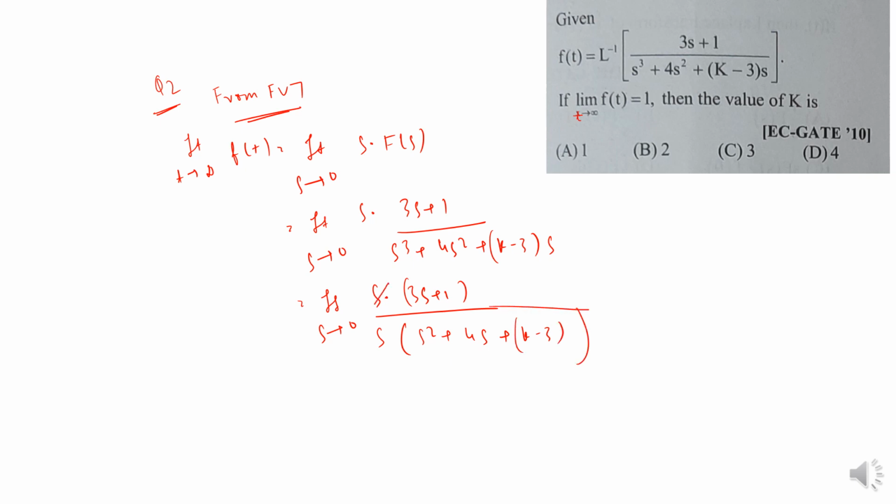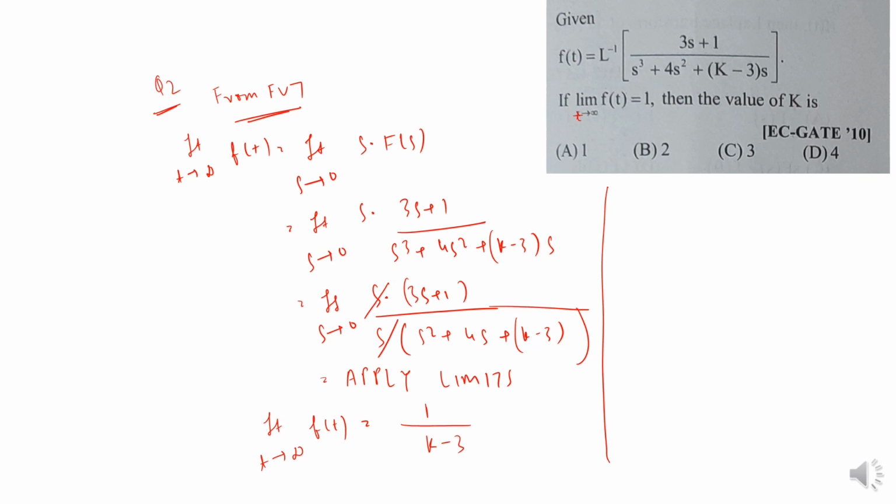Now we can cancel these two out. Now apply limits. When you apply the limit, this is 1 by k minus 3. So limit t tends to infinity of f of t is equal to 1 by (k minus 3).